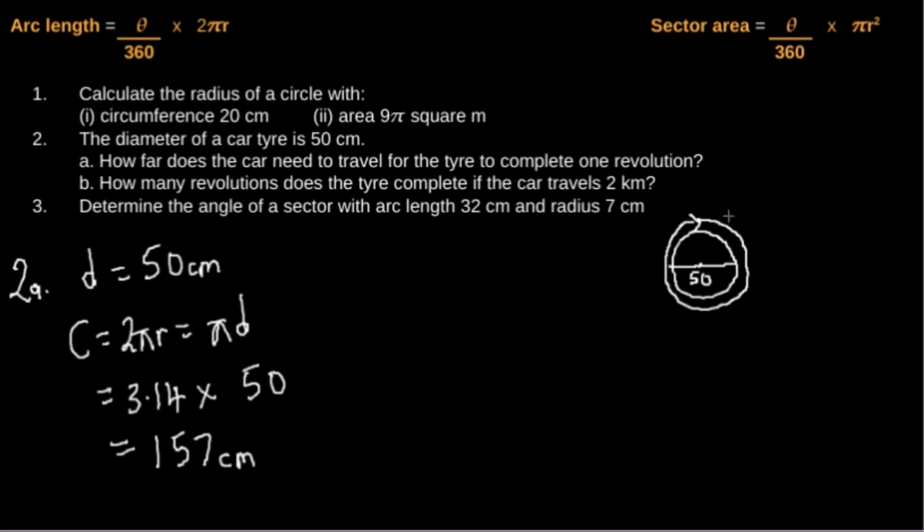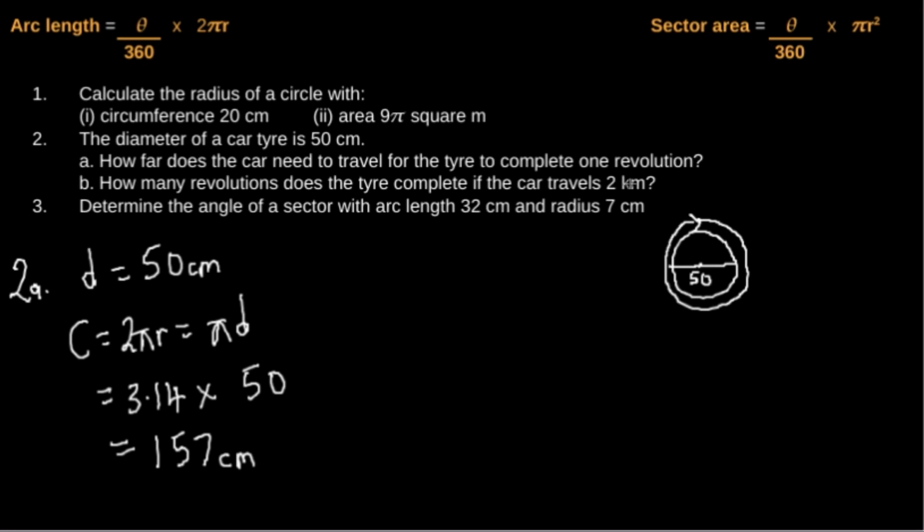Remember, one revolution is moving 360 degrees, which is what we calculated here. The car needs to travel 157 centimeters for the tire to complete one revolution. So this is for one revolution. Now, the second question is saying how many revolutions does the tire complete if the car travels 2 kilometers?